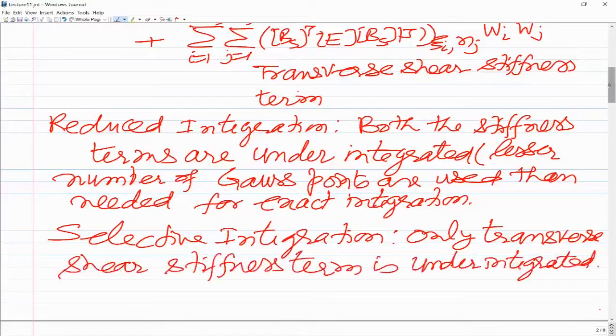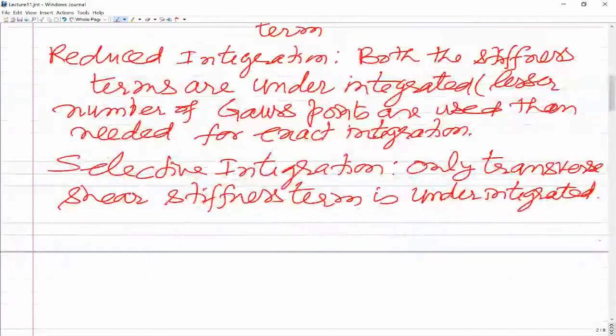So now we are continuing with this four noded element. Sir, how is this stiffness matrix overestimated due to shear locking? I explained that theta x becomes very small.